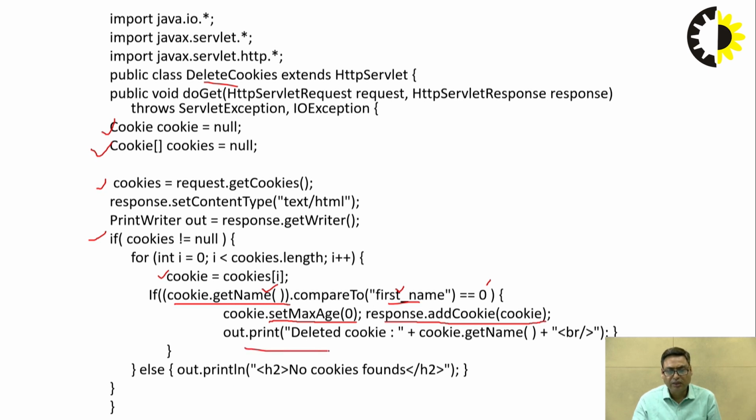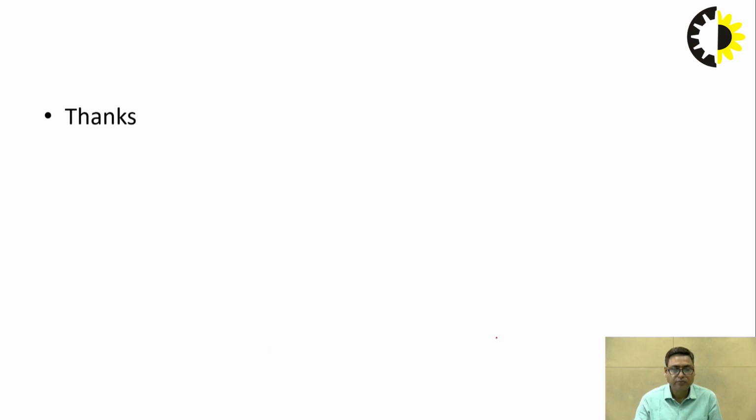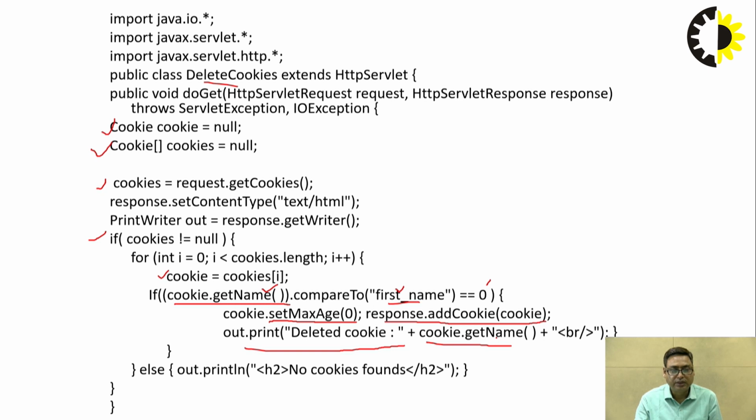So you can print just for information at the browser which cookie has been deleted with the help of cookie.getName. So till now I discussed what cookies are, and I discussed two important programs. One is to create the cookies as well as store the cookies at the client machine.